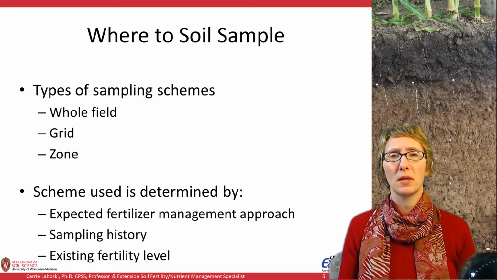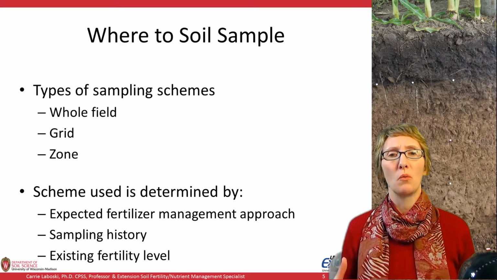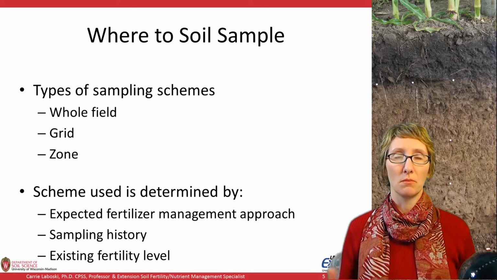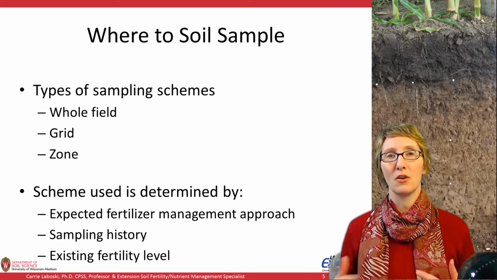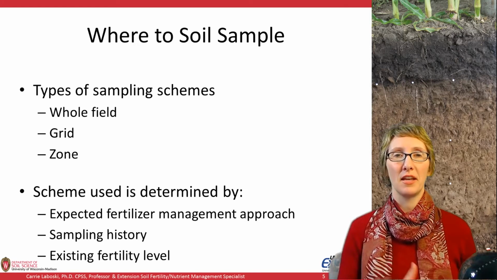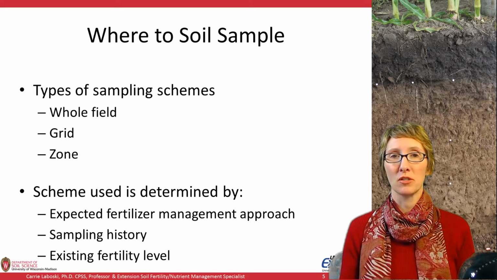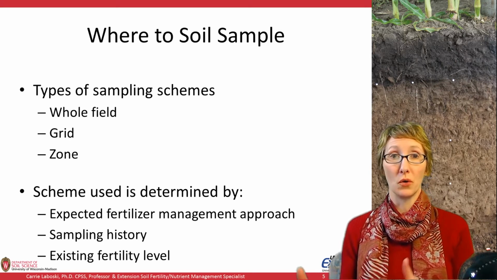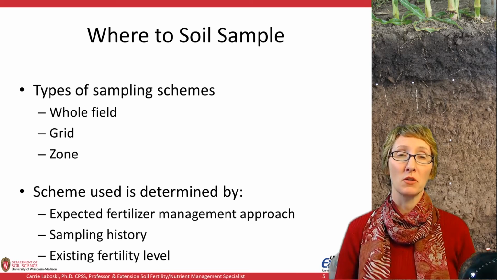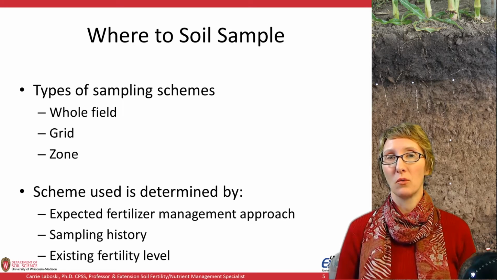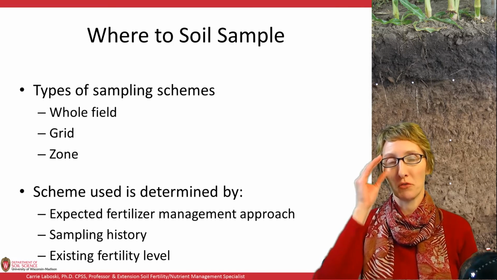And also, we can think about the existing fertility level. If the last time you tested everything was excessively high, you might want to think about how you sample a little differently, because your recommendations are going to be small or none, compared to when your soil tests are, say, low or very low, when you have much greater nutrient recommendations.